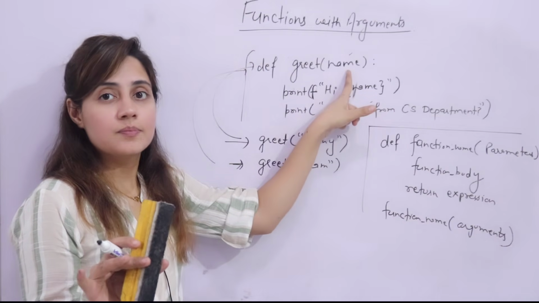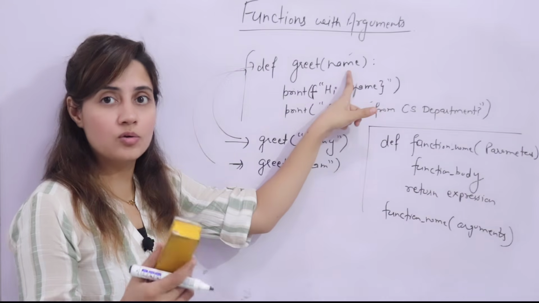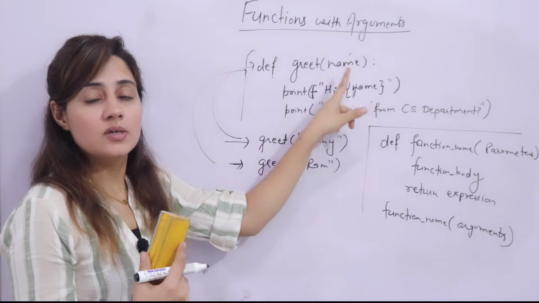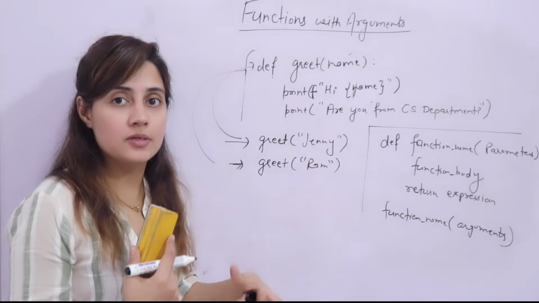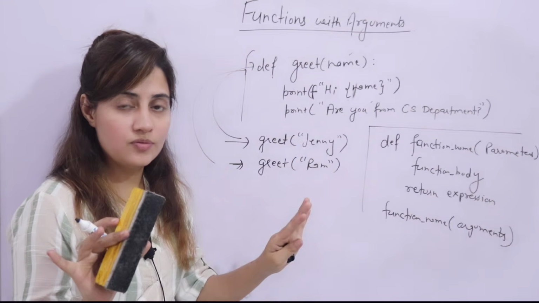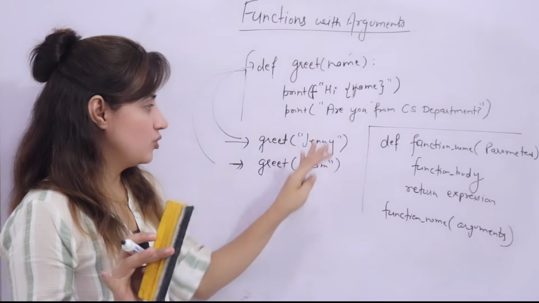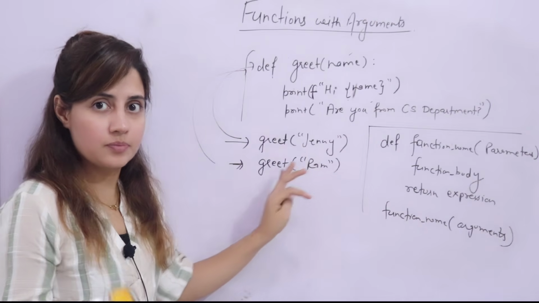And the variable name you use to hold or accept that value while defining the function is known as a formal parameter, or you can say parameters. I hope the difference is clear to you guys. These are parameters or formal parameters. These are actual parameters or arguments, you can say.